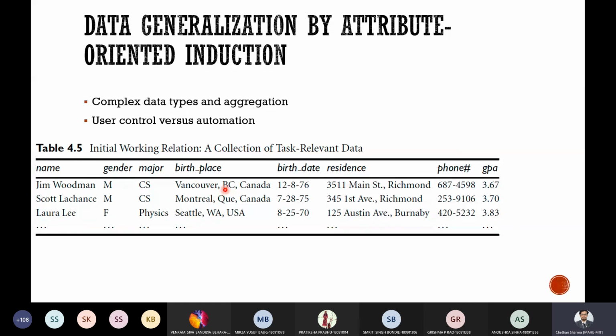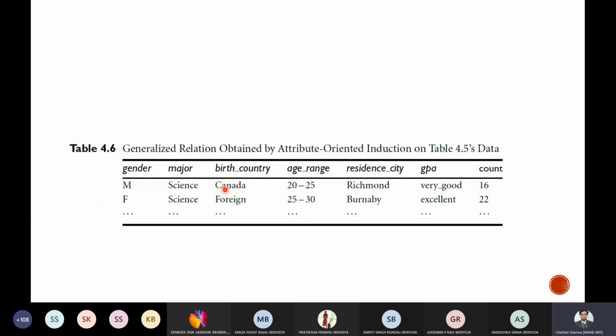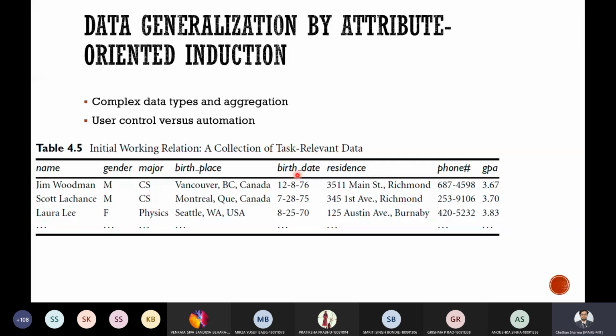Birth date again will have too many values, but there exists a concept hierarchy. You can go one level higher for age, one level higher for age range, and replace it by age range. Again, residence: instead of street, make it city.